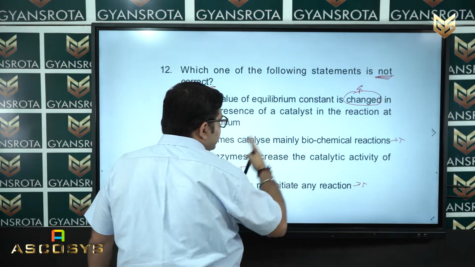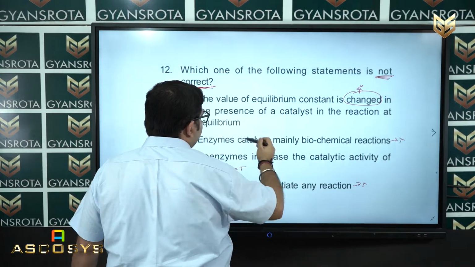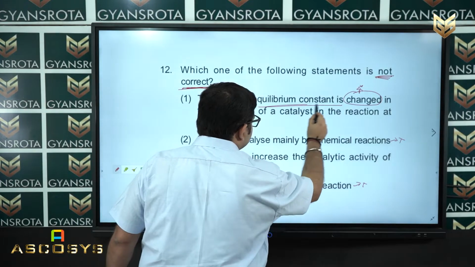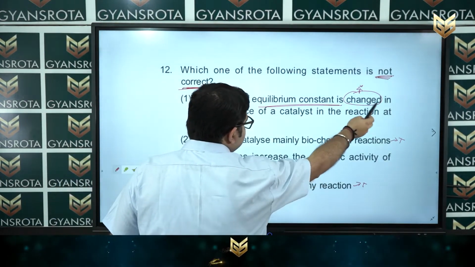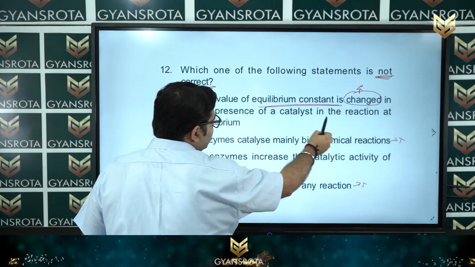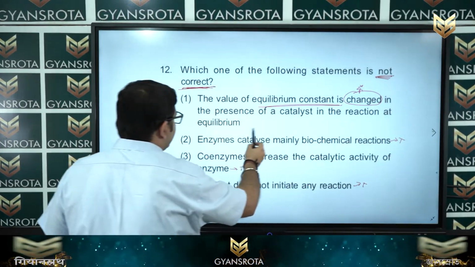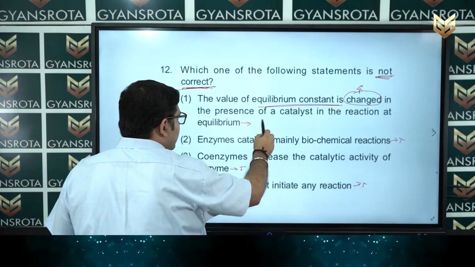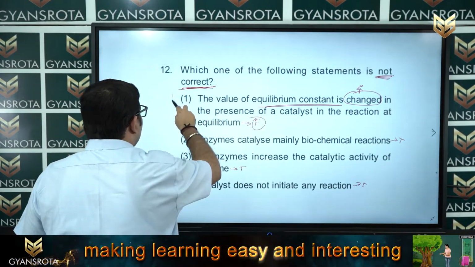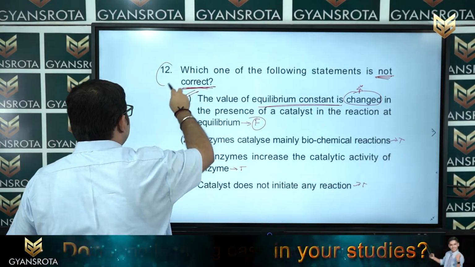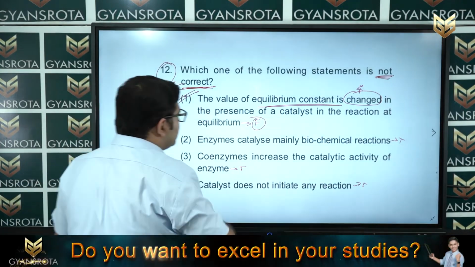It never changes any value of your equilibrium constant. The value of equilibrium constant is changed in the presence of catalyst in the reaction at equilibrium. So, this is the false statement and the not correct statement. So, option number 1 is the correct answer of question number 12.